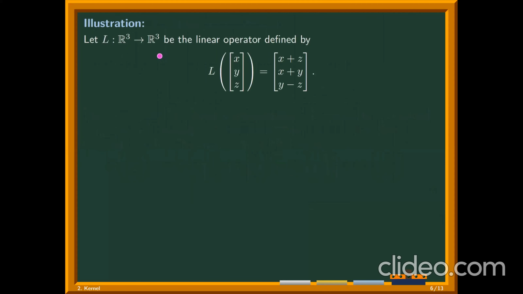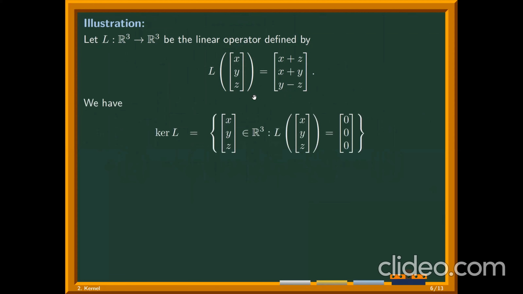To illustrate, let's consider the linear operator that we saw in the last video from R3 to R3, defined as follows. What is the kernel of L? So by definition, the kernel is the set of all vectors in the domain, so 3-vectors (x, y, z), that are sent by L into the zero vector in the codomain.